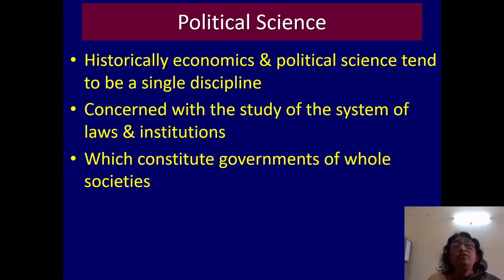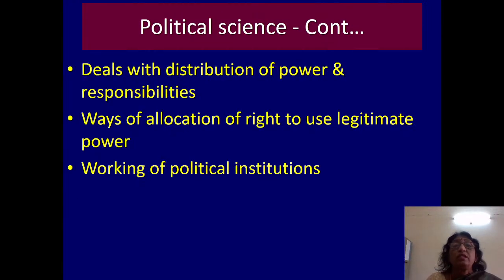Historically, when you look at economics and political science, they tend to be like a single discipline; they overlap. It is the study of law as well as institutions, it is one and the same. So it constitutes the governments of whole societies. Political means government. So it deals with power.